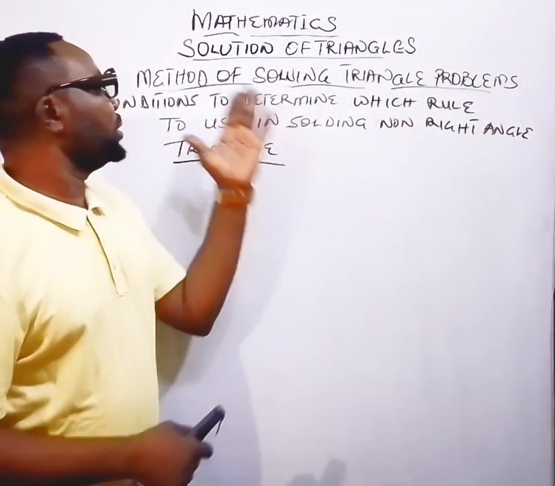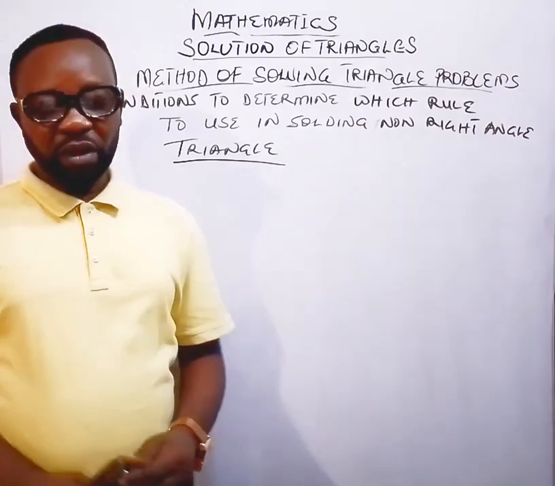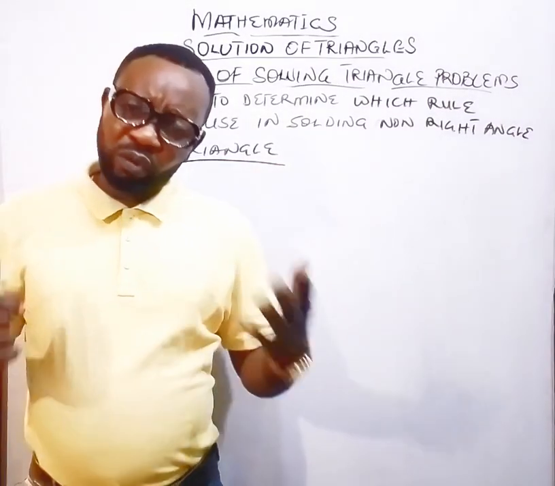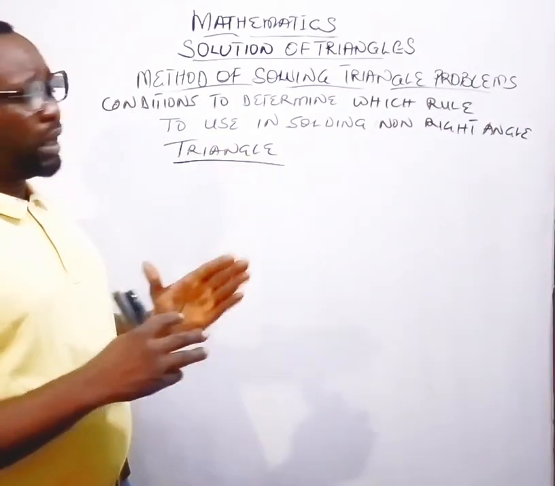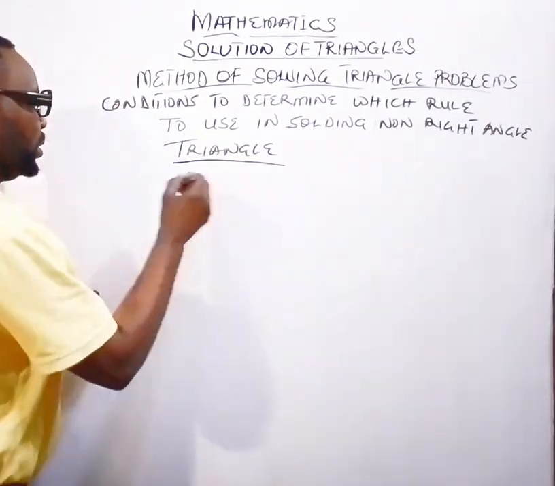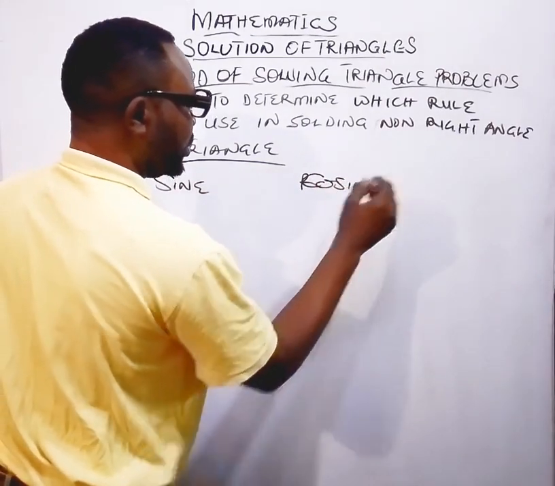To solve a non-right angle triangle, you either use the sine rule or the cosine rule.